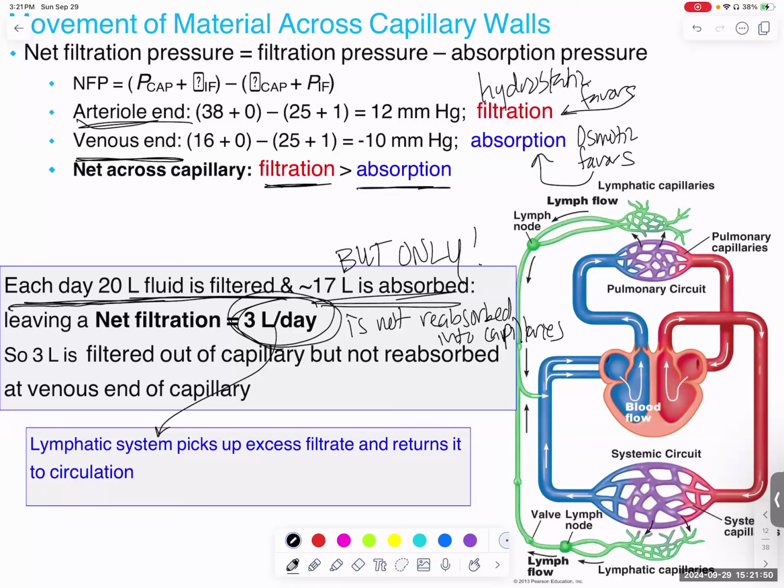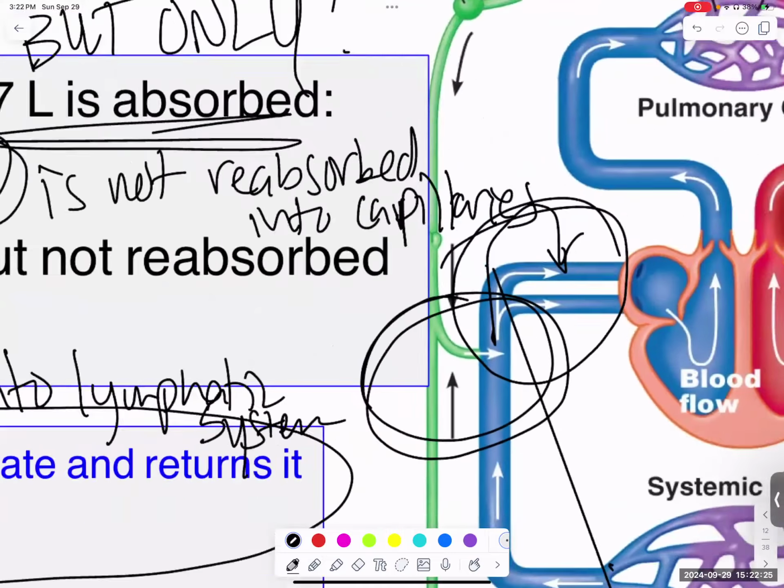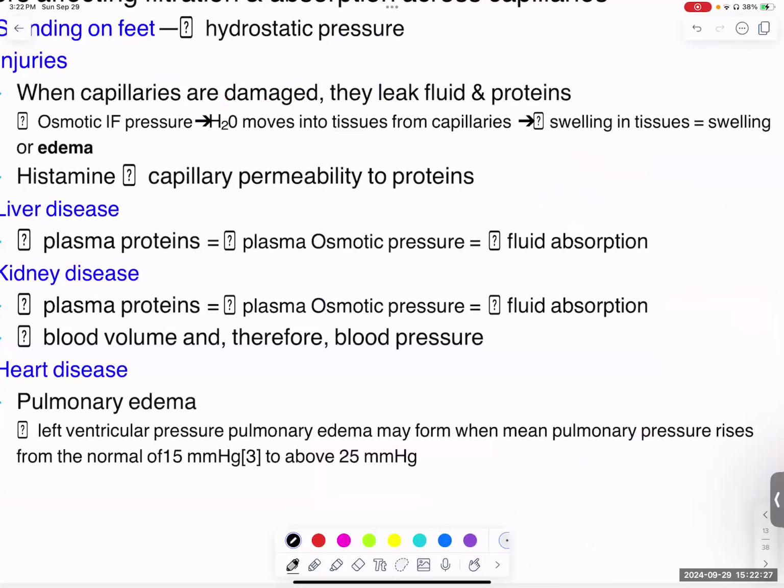So that 3 liters per day that is not being reabsorbed at the venous end is being absorbed into the lymphatic system. But it's still getting dumped back into the venous system, right there. So it's just an alternate route.